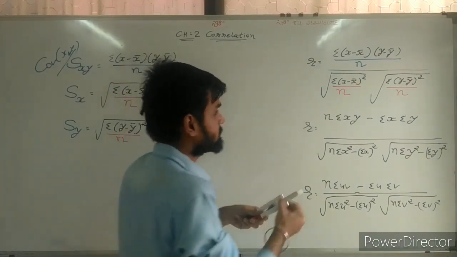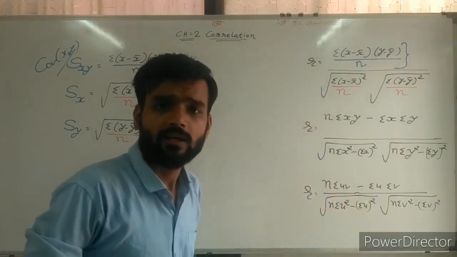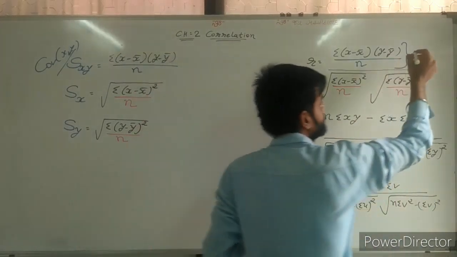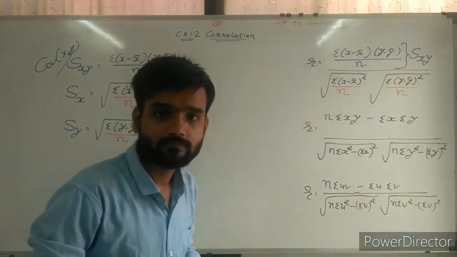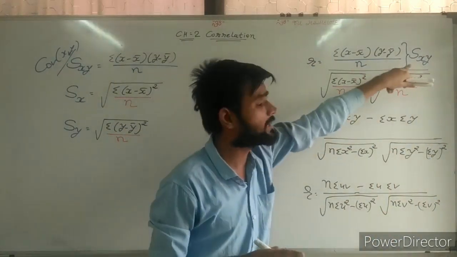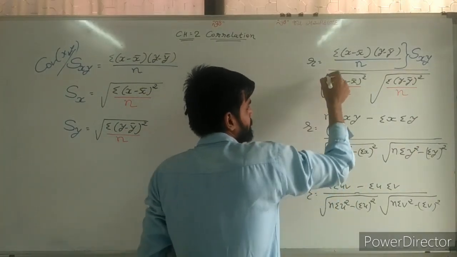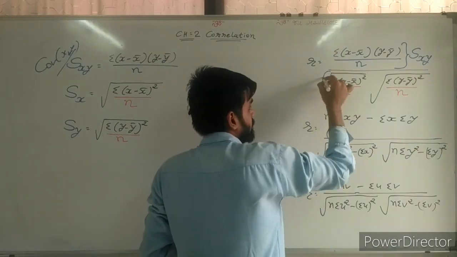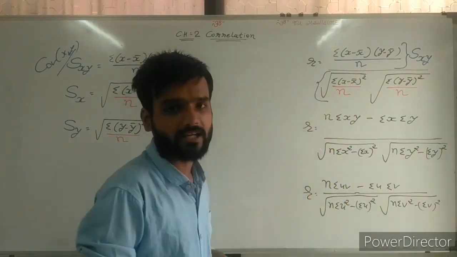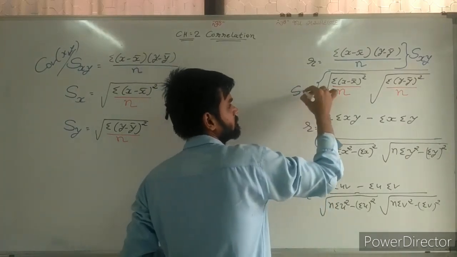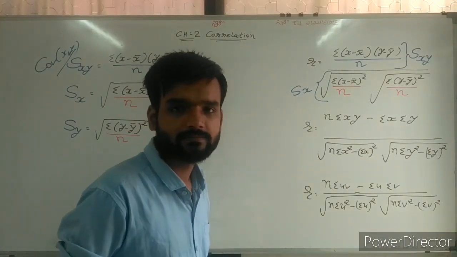So can I say that this numerator is called Sxy? Yes, divided by n means Sxy. In the same way, this under root sigma (x minus x bar) square divided by n is known as Sx.